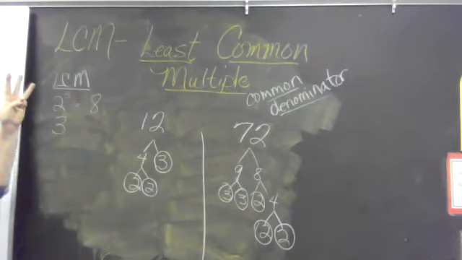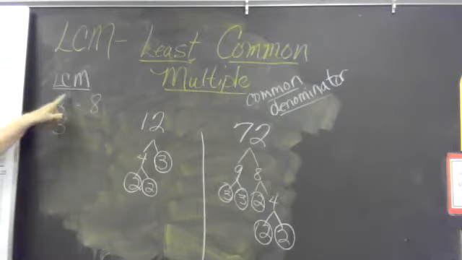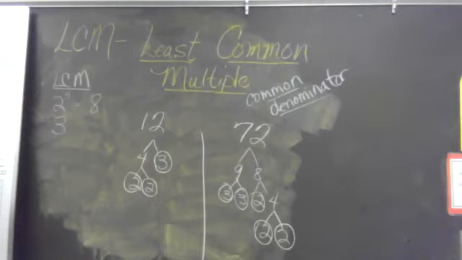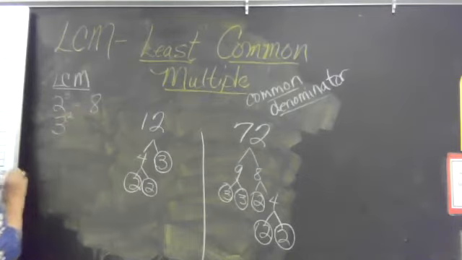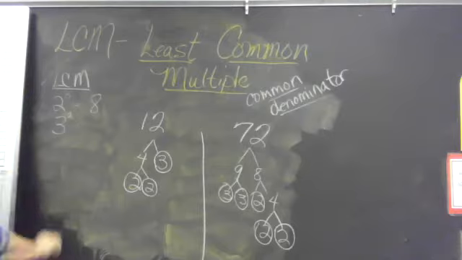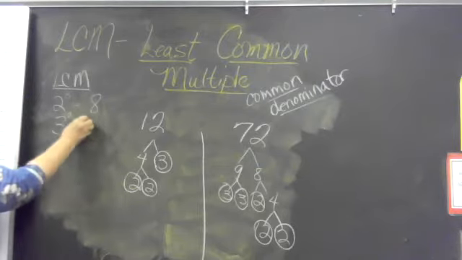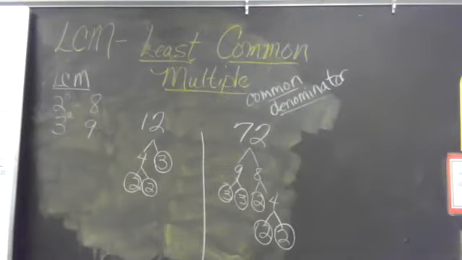Your calculator will do this for you. 2 times 2 times 2 is 8. 2 to the third. And then we have some 3s. How many 3s are we going to use? 2. Okay. That would equal 72.